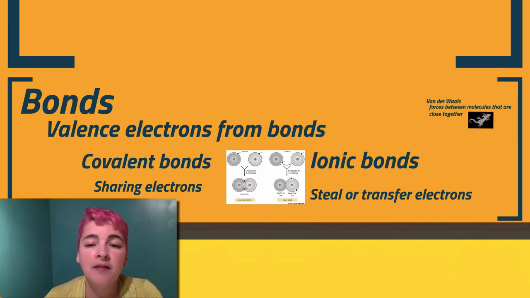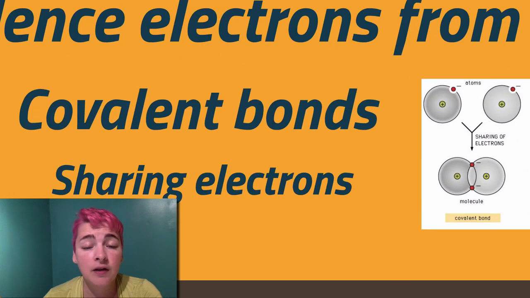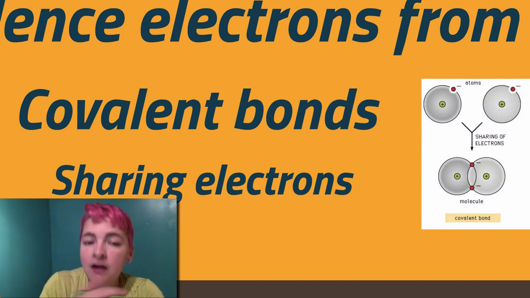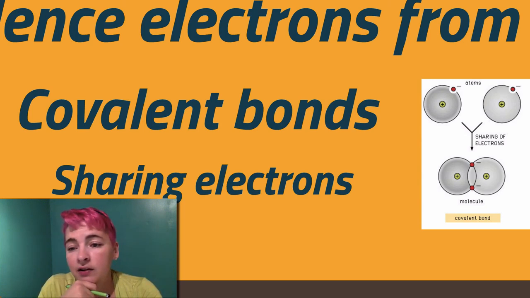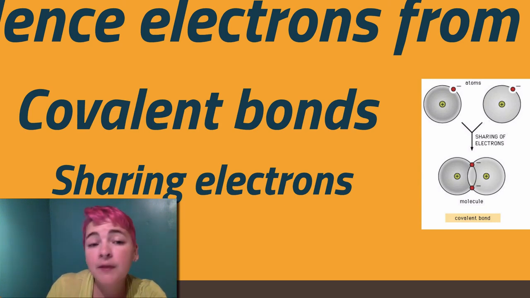We have covalent bonds that are strong bonds, and they share electrons. They have covalency. So if you're a co-captain, you're sharing your captain duties. If you're covalent, the valent electrons are sharing its duties. So it's sharing the electrons. Carbon really likes to form covalent bonds.